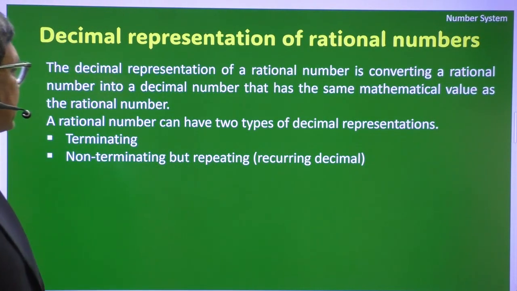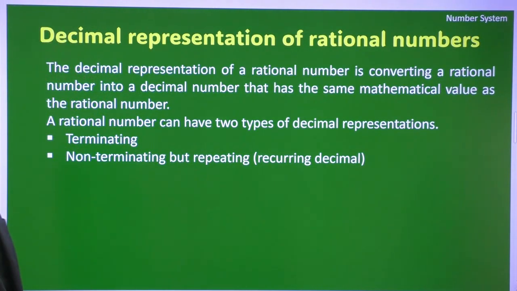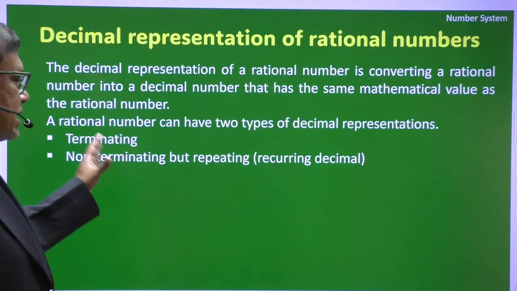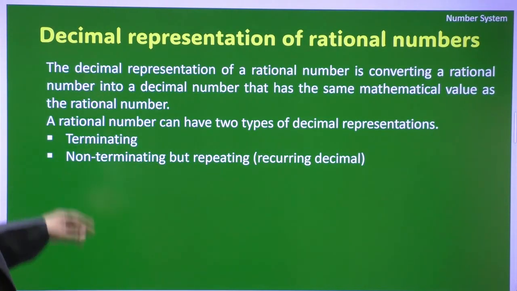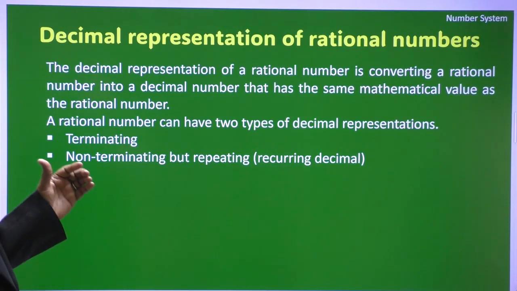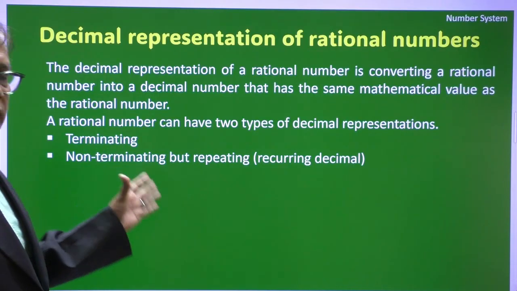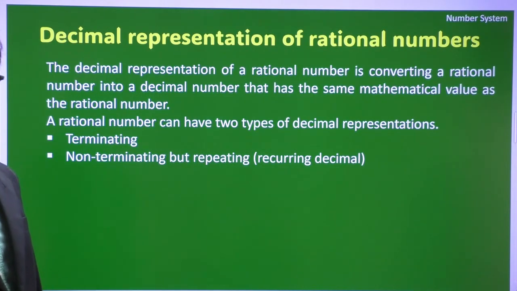And a rational number can have two types of decimal representation. One is terminating and second is non-terminating but repeating, that is recurring decimal. So we can represent a rational number in decimal form in two ways.